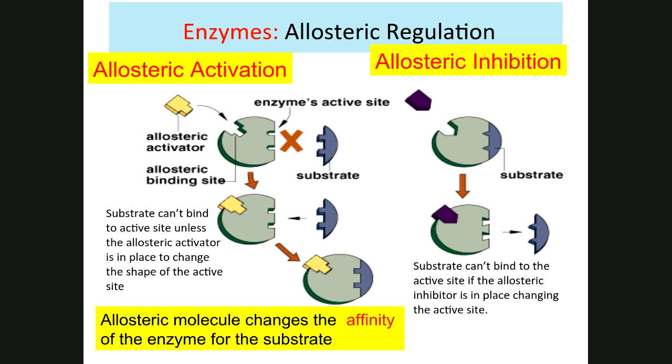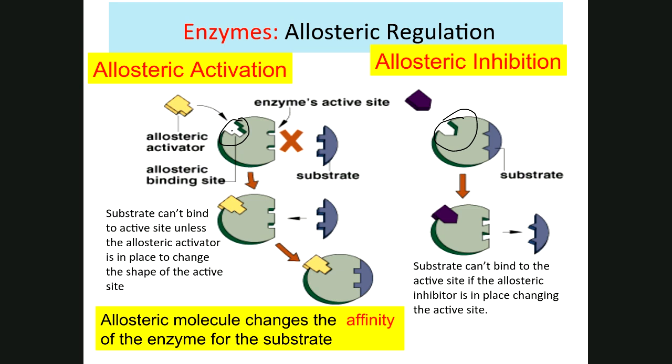So oftentimes enzymes, because they're such an important component, have to be tightly regulated. So cells regulate enzymes by binding molecules to the enzyme that allow the enzyme to work or stop the enzyme from working. These regulatory molecules are typically binding to the enzyme in places that are not the active site of the enzyme.